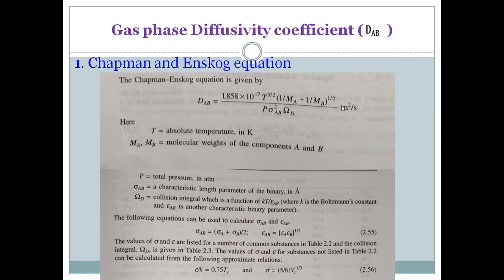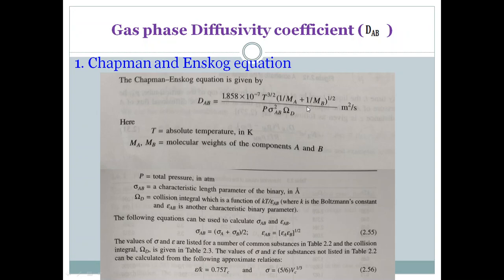See, in empirical correlation, they always tell what its unit will be, and it may not be unit consistent. But whatever is there, every parameter has to be specified: T absolute temperature, MA, MB the molecular weights of the components A and B. So you can understand that with increasing molecular weight diffusivity will decrease.